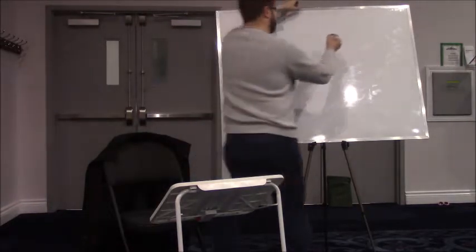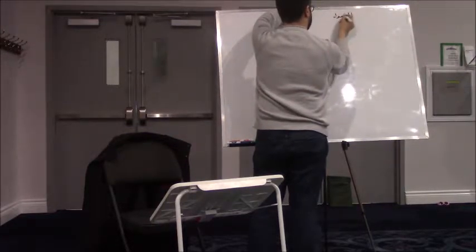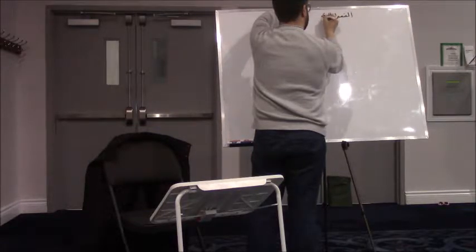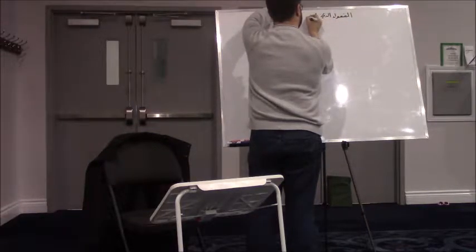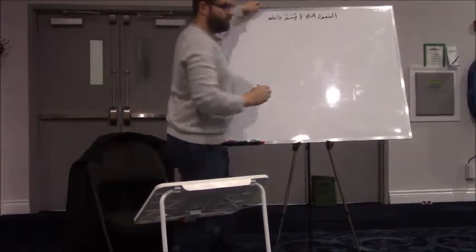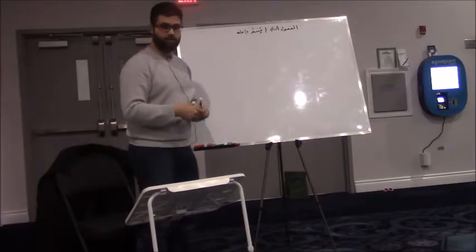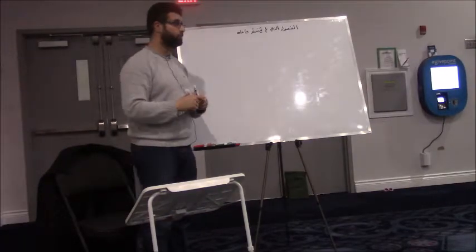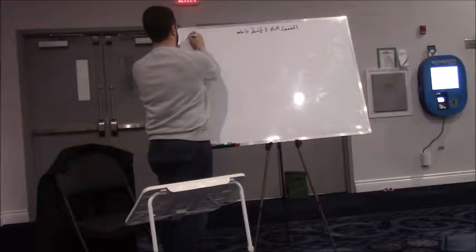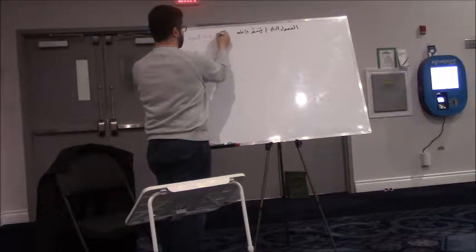So today is المفعول الذي لم يسمى فاعله. So what is that in English? So المفعول means object. So it's the object in a verb-based sentence.